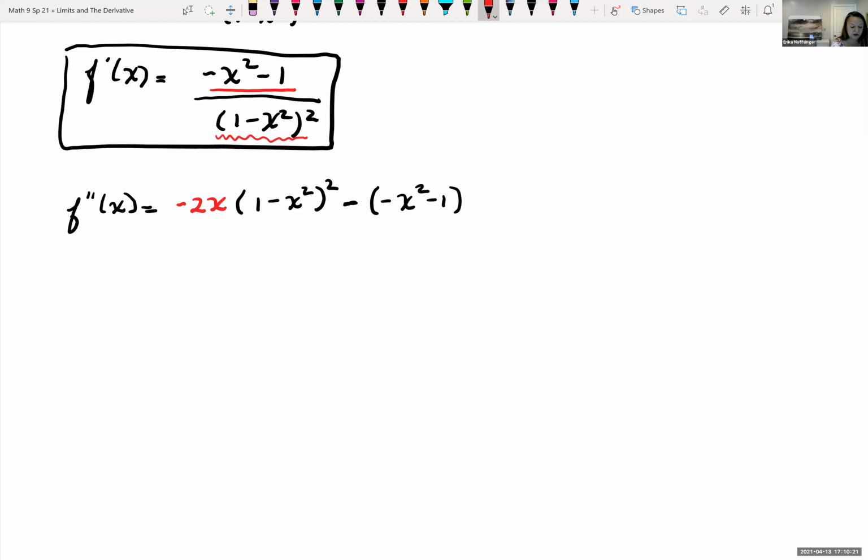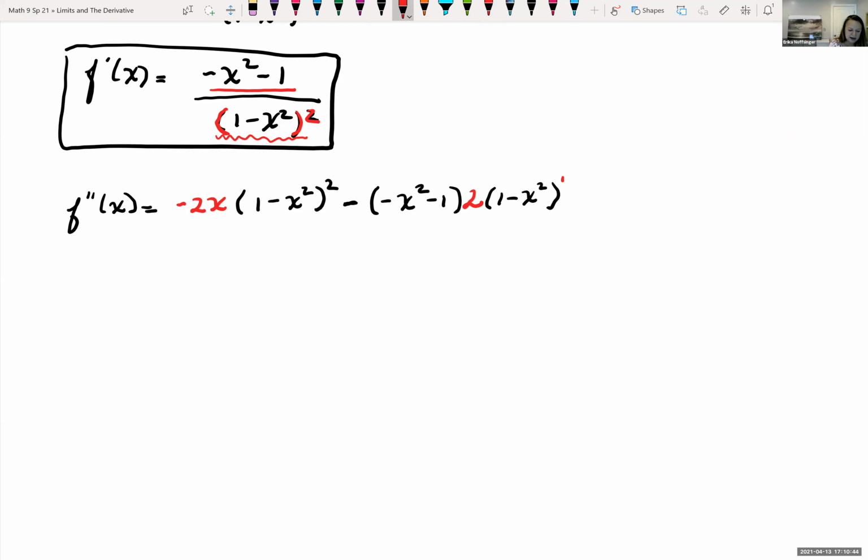Okay, so we need to use the chain rule here. So our outer function is this quantity squared. So using the chain rule, bring down our power, taking the derivative of the outer. So this would be 2 of the inner, 1 minus x squared. Subtract one from the exponent of the outer function.